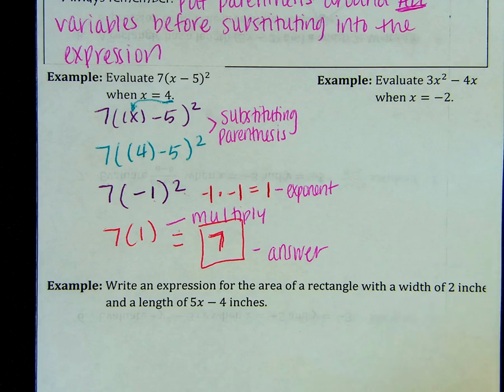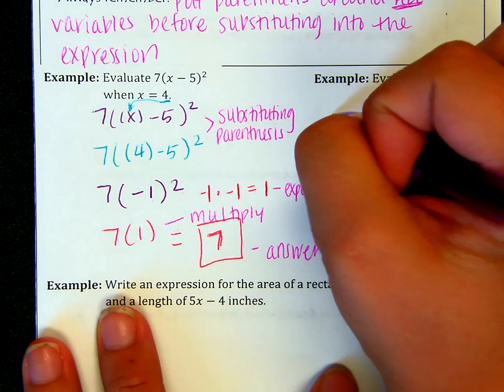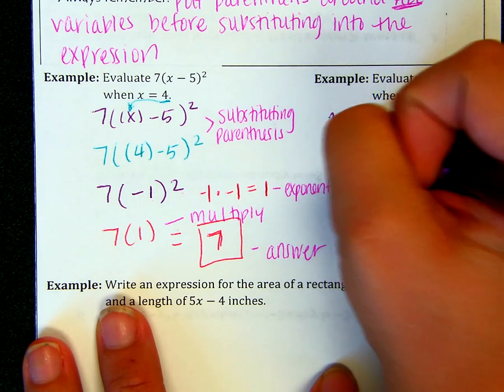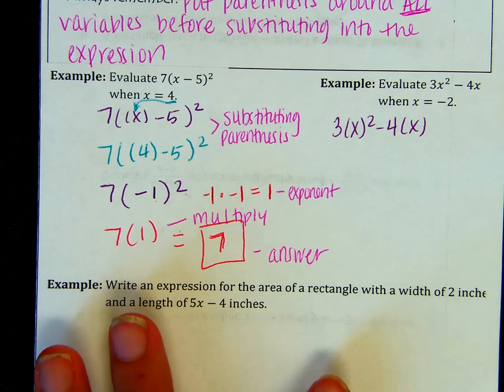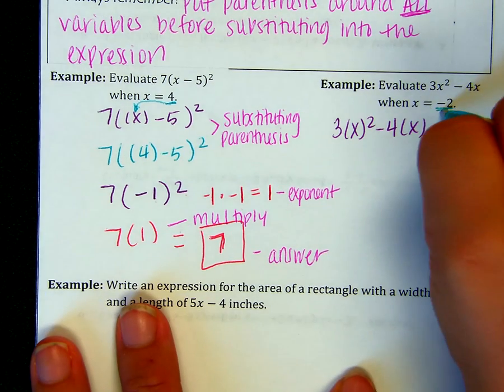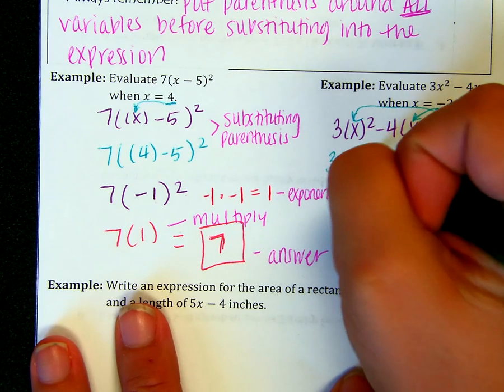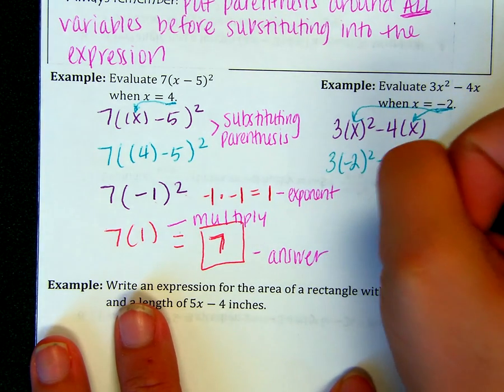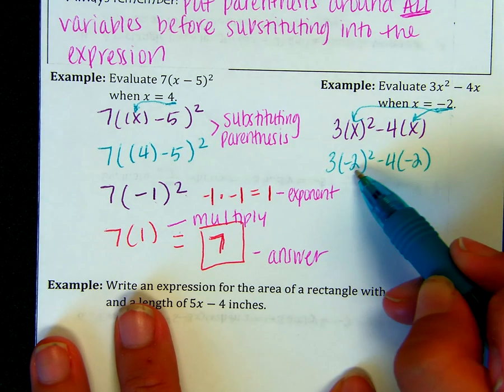If you take a look at the next one, our first step is to put parentheses around our variable. So we have 3 times x squared minus 4 times x. We know that this negative 2 is what's being plugged in. So we can rewrite it as 3 times negative 2 squared minus 4 times negative 2. All I did is take that negative 2 and plug it in wherever there was an x.